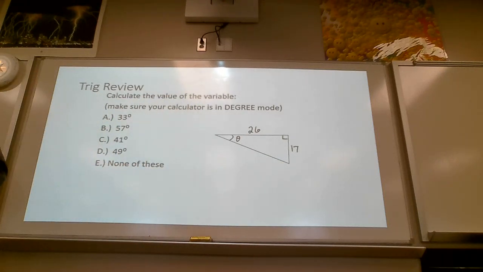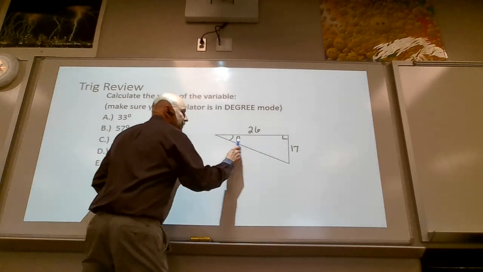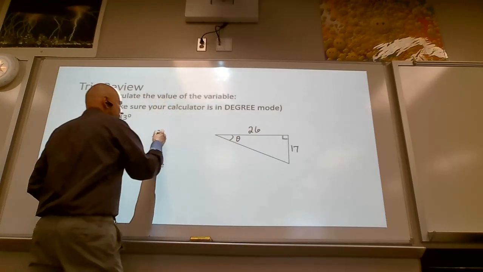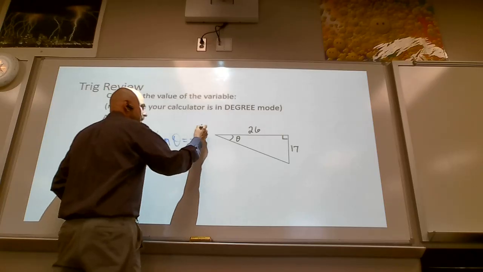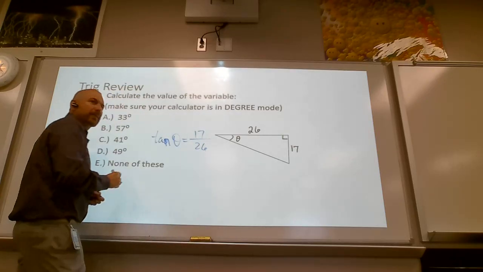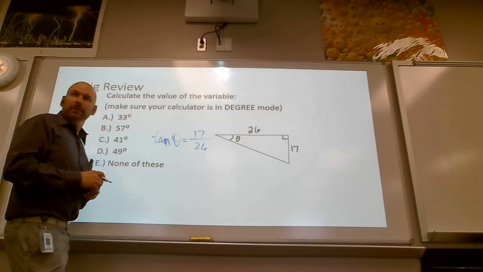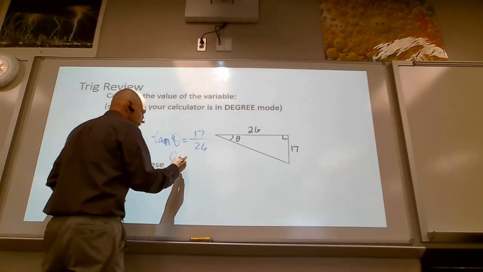Okay, tell your neighbor which trig function you're using. You got opposite, adjacent, tangent. So it's tangent theta equals 17 over 26. To solve for theta, what are we going to do? Inverse tangent.